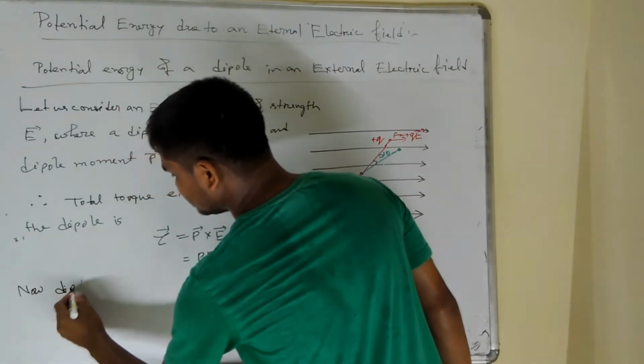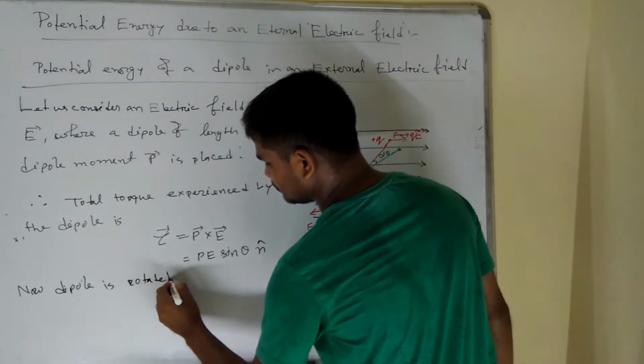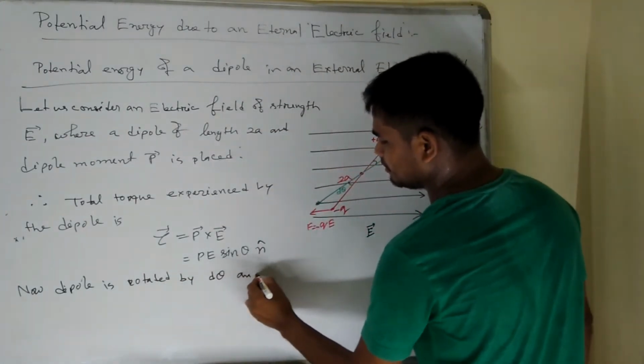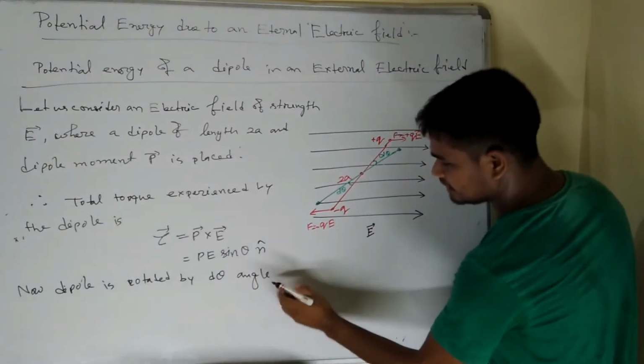Okay, now the dipole is rotated by d theta angle, as in the diagram.